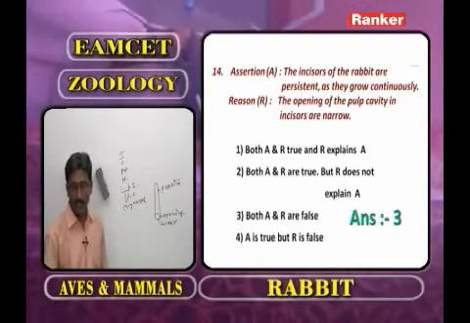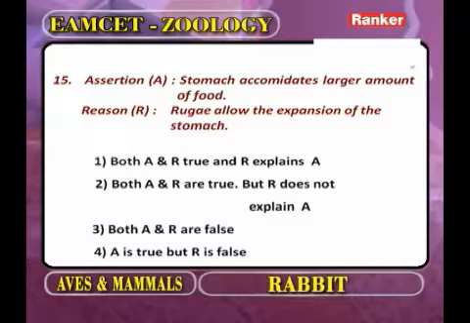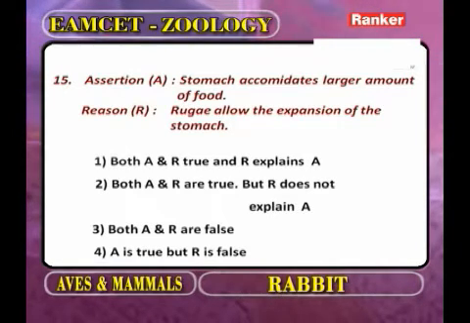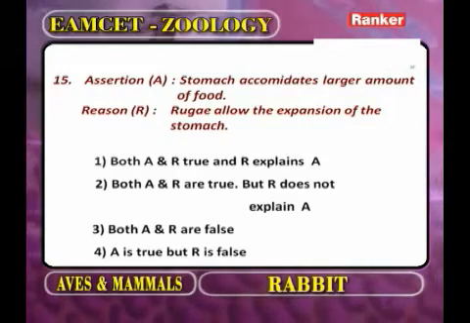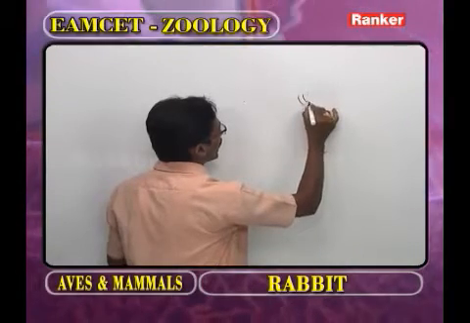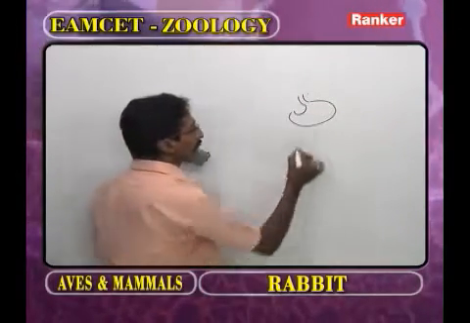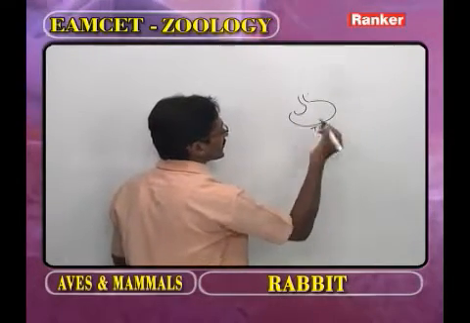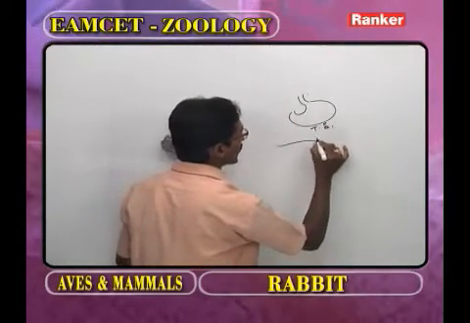Now, we go for the next question. Assertion: the stomach accommodates a larger amount of food materials. Now, as we observe the stomach of vertebrates, it is the largest part of the alimentary canal. Now we go for the transverse section of the stomach.